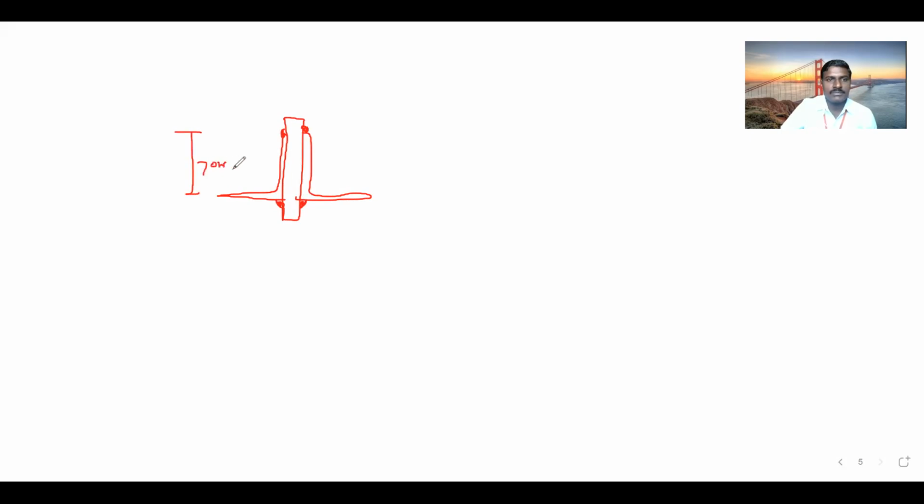This is 70 mm. This is 45 mm. So it means this is the top.